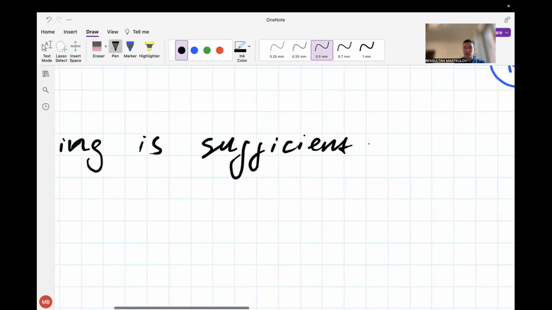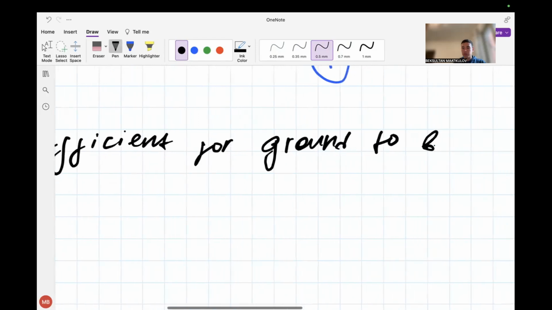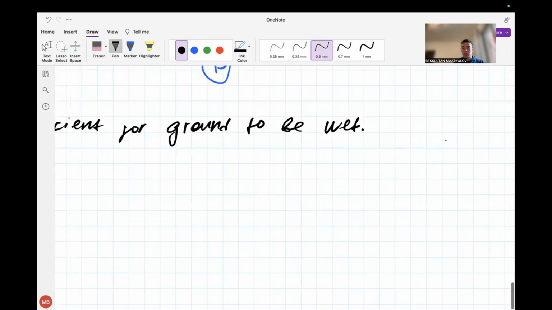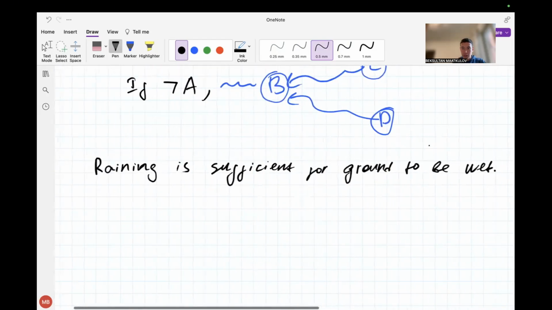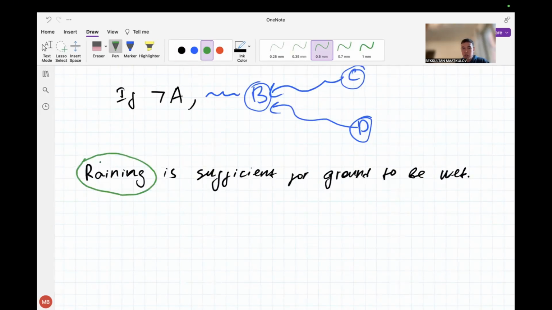Okay, raining is sufficient for the ground to be wet. So in this case, you've got your sufficient condition, right? So basically, if raining is true, if you have this one, then it is sufficient to make this one true. So if raining is true, the ground wet is also true.